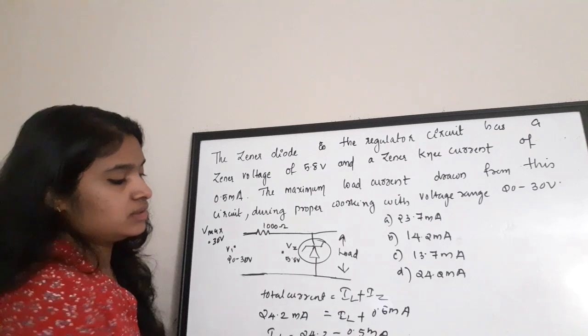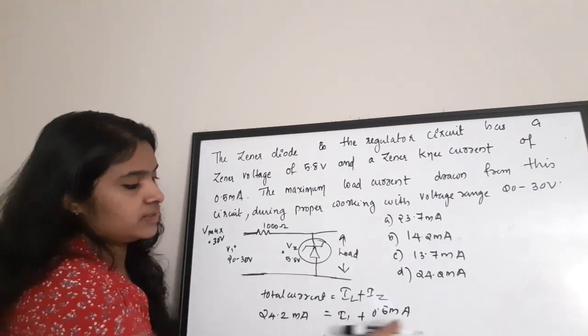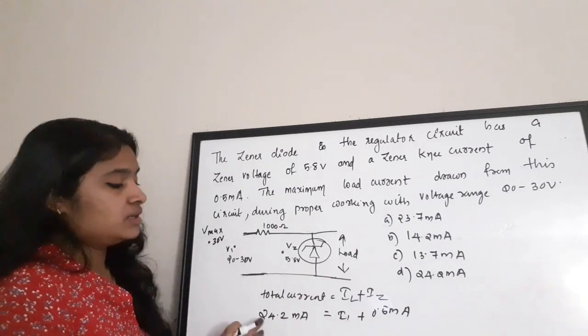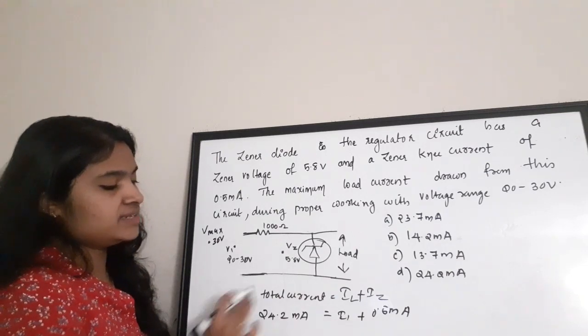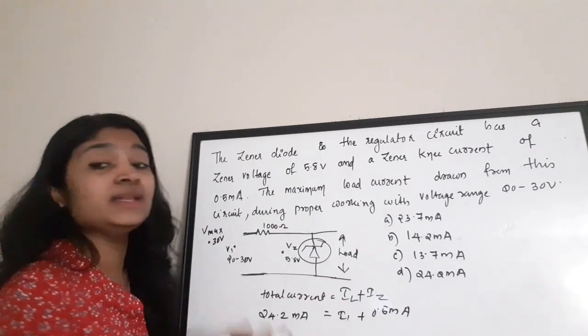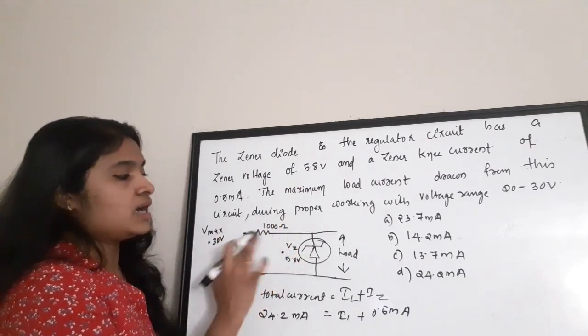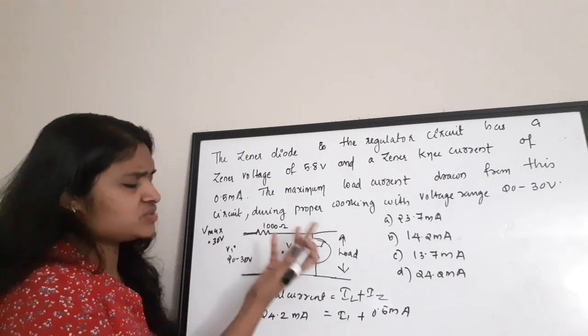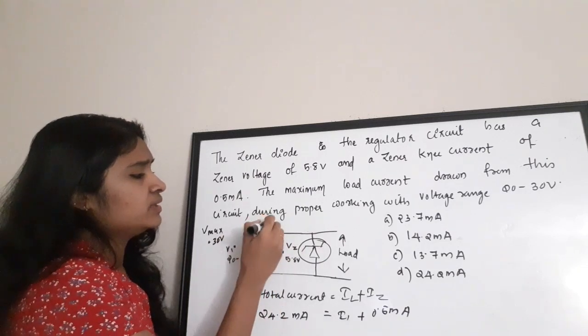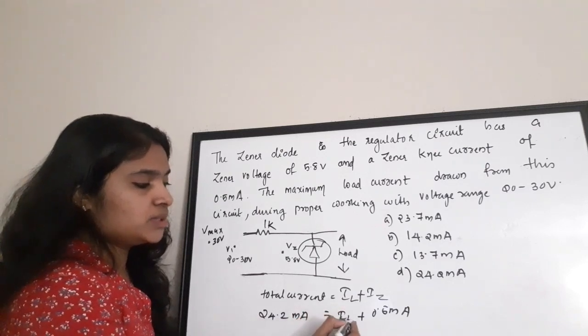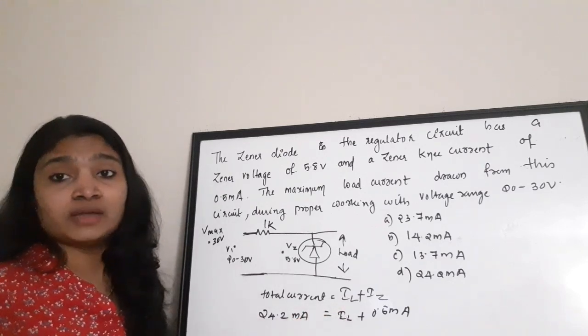I hope you can see it if I write here. I'll write it once again. So this is the equation. You will get 24.2 milliampere if you find the total current across the 1K or the 1000 ohm. So it will be 24.2, and you can equate it with IL plus 0.5 milliampere.